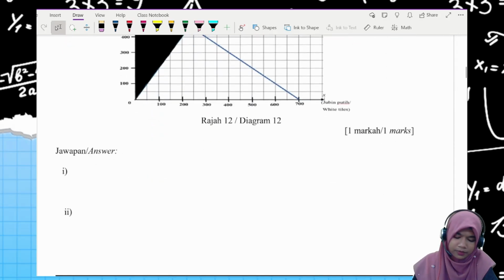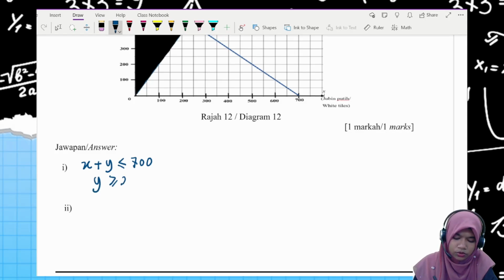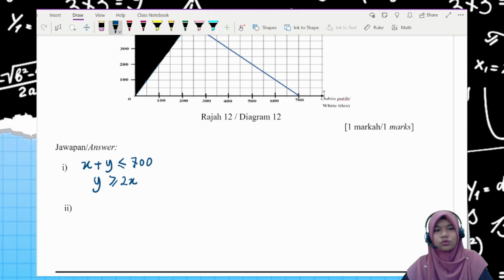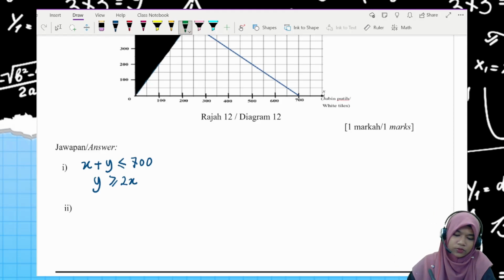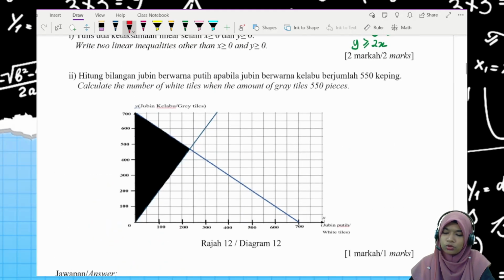The first inequality is x plus y less than or equal to 700, and the second one, y greater than or equal to 2x. So how many marks? 1 mark for the first inequality, 1 mark for the second inequality. So you get 2 marks.